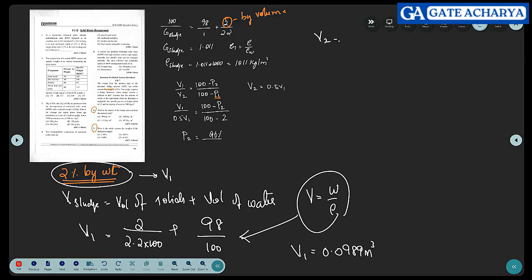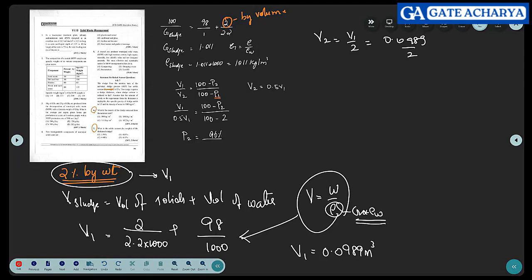So V2 is equal to V1 by 2. Check once. Sorry, 1000 is the density of water, so it is specific gravity into density of water.